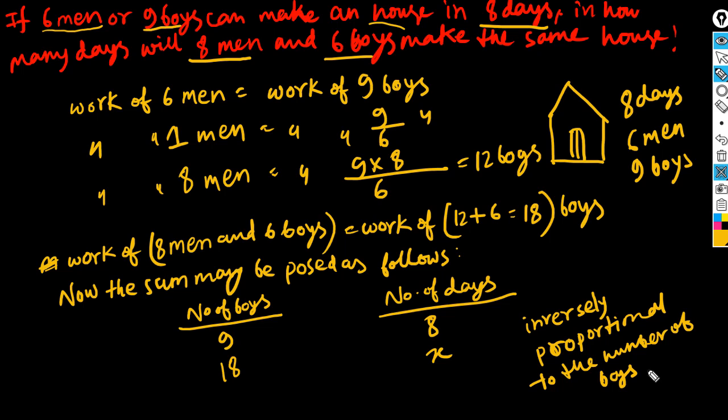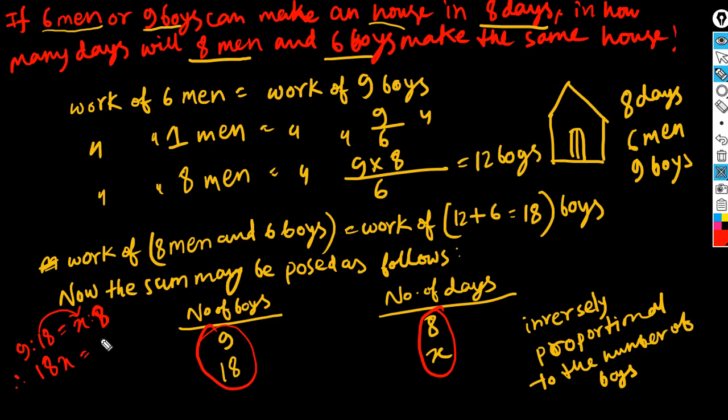Now I'm going to make the equation with the help of ratio, and a little bit of space remains here, so I'm using this space. 9 is to 18 as x is to 8, that is, 18x is equal to 9 into 8, so x is equal to 9 into 8 by 18, that is 4.